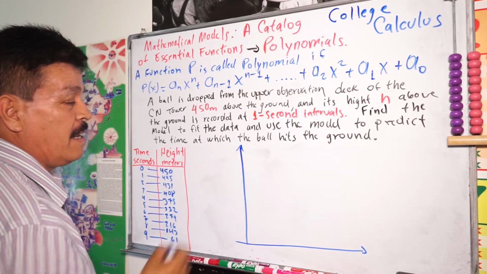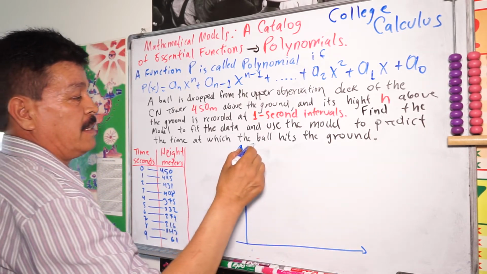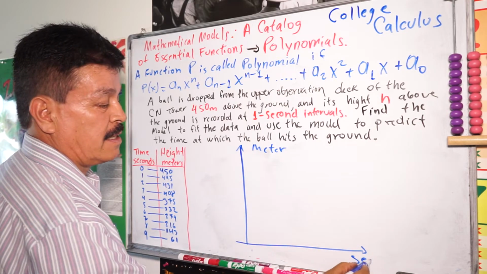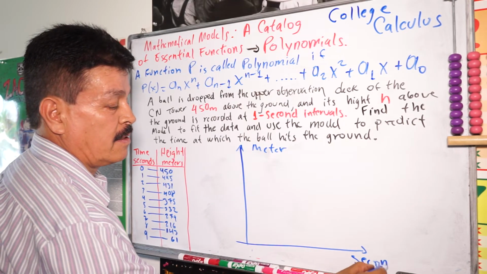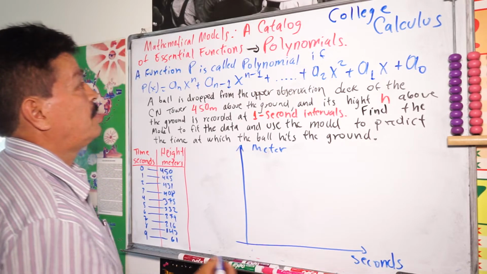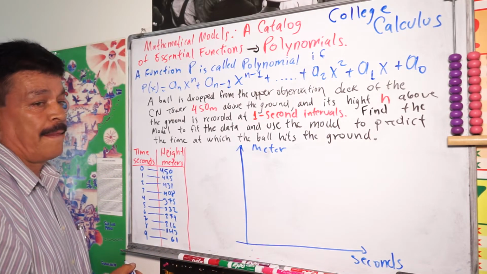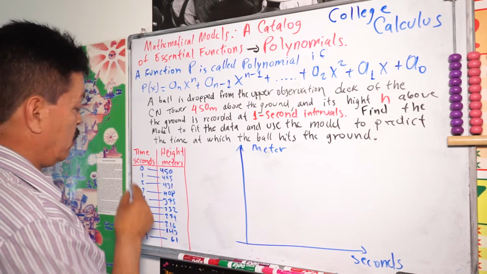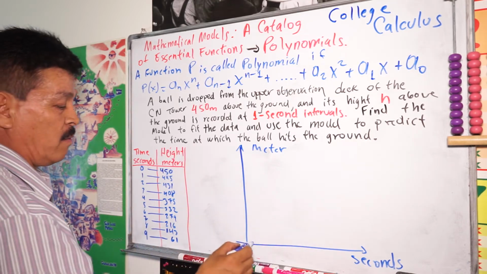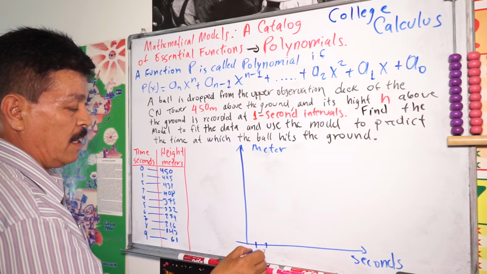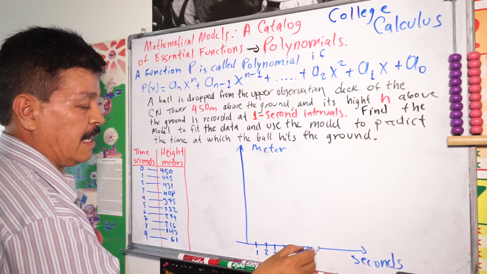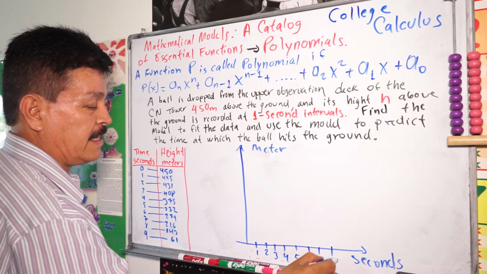I'm going to erase it. But this is the meters, and this is the seconds. Then in the seconds, the numbers we have are 1, 2, 3, 4, 5, 6, 7, 8 seconds.